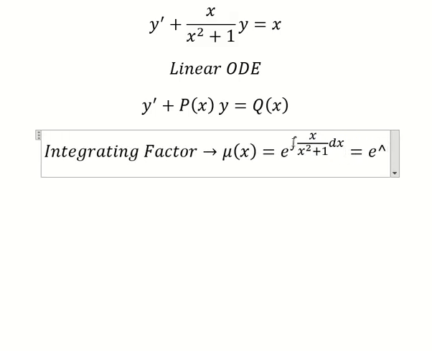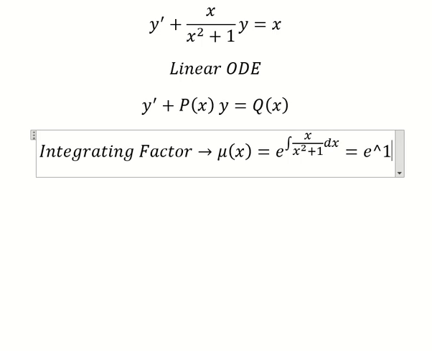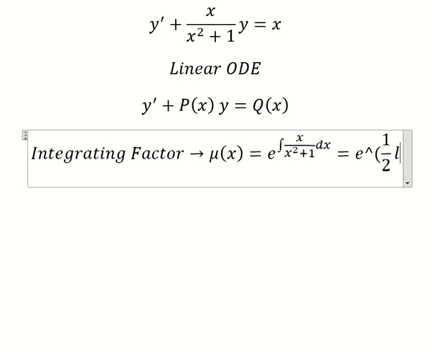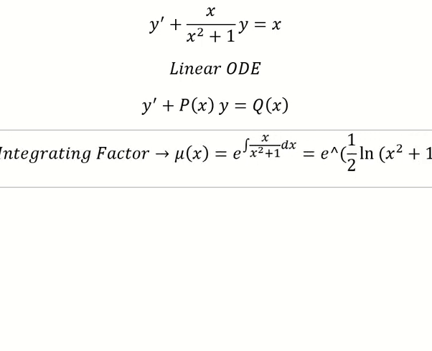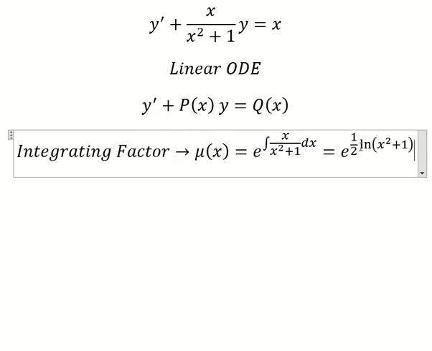We know that the integral of this one is 1 over 2 ln of s squared plus 1, because if we take the derivative of this one, it will return back to this one.